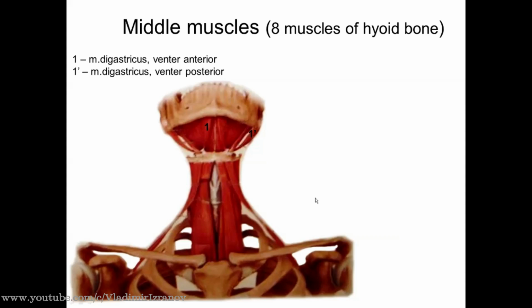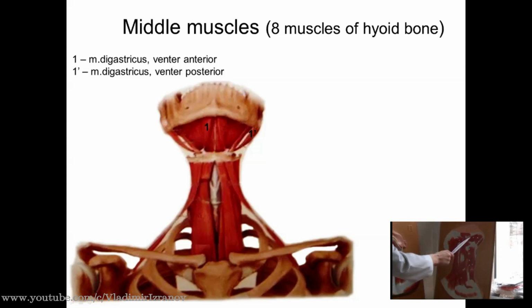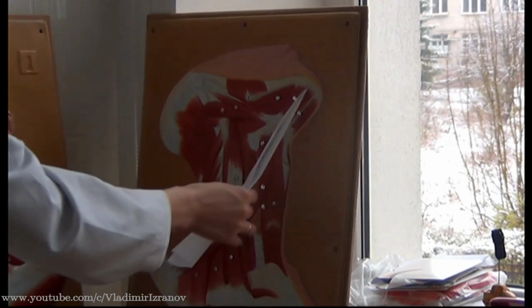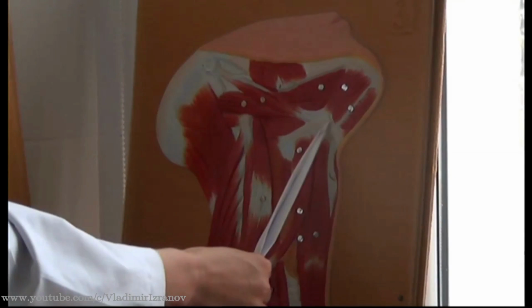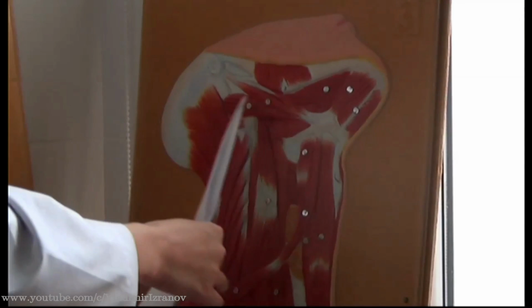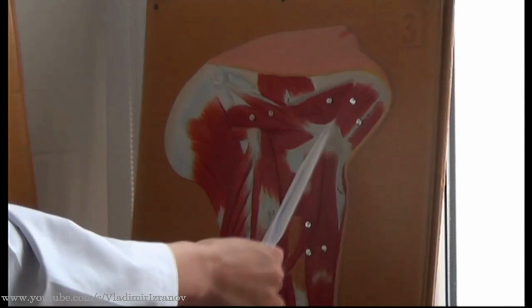Musculus digastricus, here it is, venter posterior. And now let us try to find it in our planchettes. Musculus digastricus, venter anterior, and here it is, musculus digastricus, venter posterior.